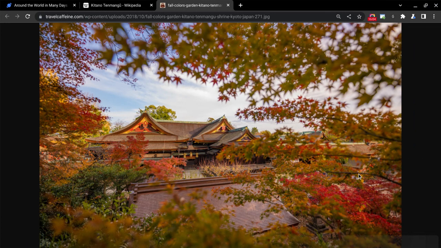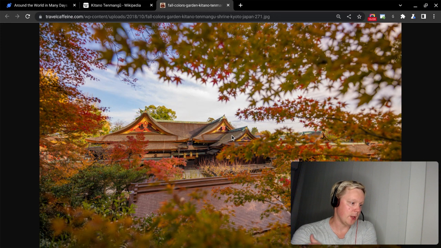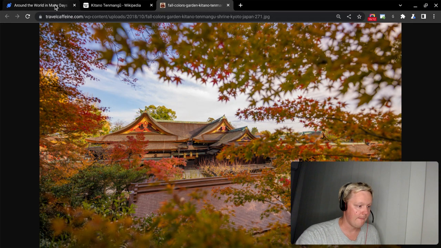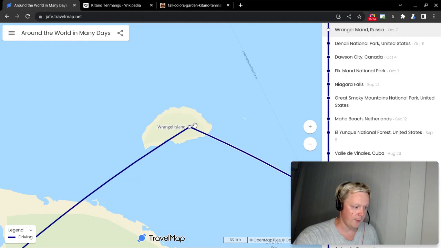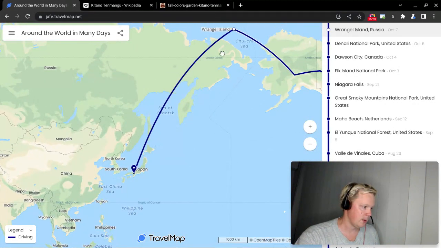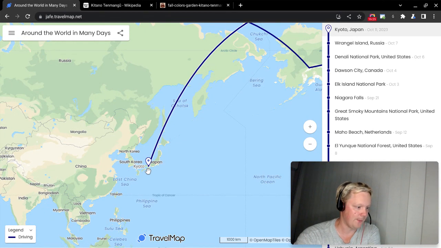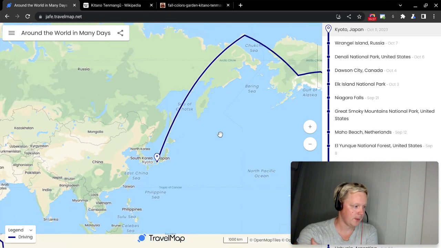Here it is. Pretty cool, huh? So this is where we are in Japan, and last time we were in Wrangel Island. This is the map now. The Wrangel Island in Russia, far north Russia, and now we've come all the way down to Japan, and this is where we are this time.